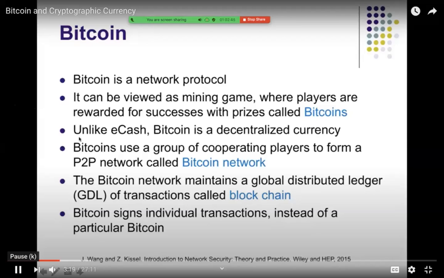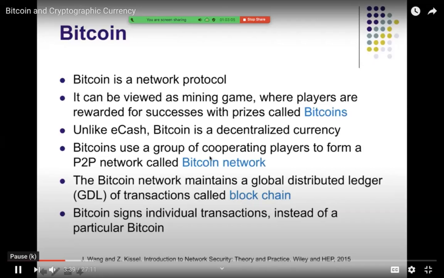Okay, different from Ecash, Bitcoin is a decentralized currency. There is no bank involved. There is no government involved. So this is important for this form of currency.